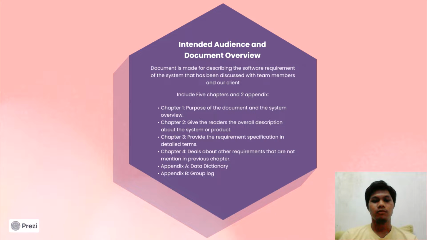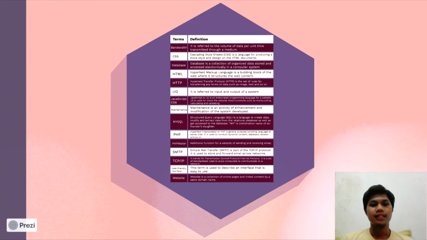In chapter 3, we provide the requirements specification in detailed terms. In chapter 4, it deals with other requirements that are not mentioned in the previous chapter. For the appendix, there are 2 appendix. The first one is appendix A, which is the data dictionary, while appendix B is for group log.